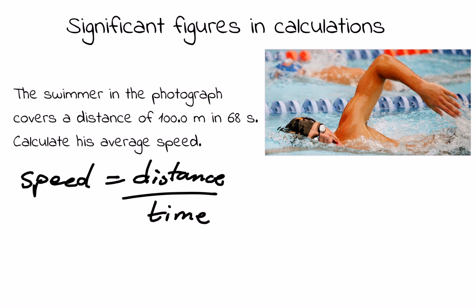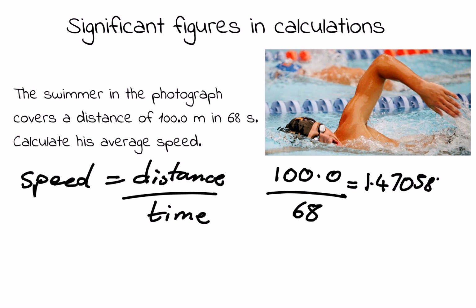Well, he's travelled a distance of 100.0 metres, and he's done it in a time of 68 seconds, and if you put that into your calculator, it will come out with an answer of 1.47058882 metres per second.